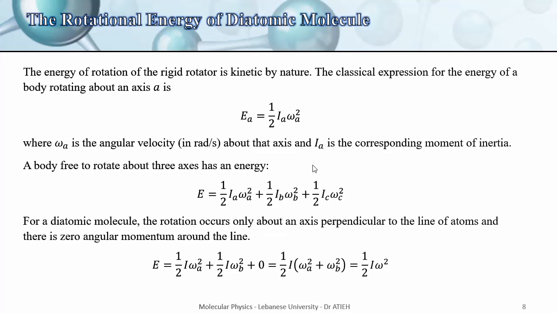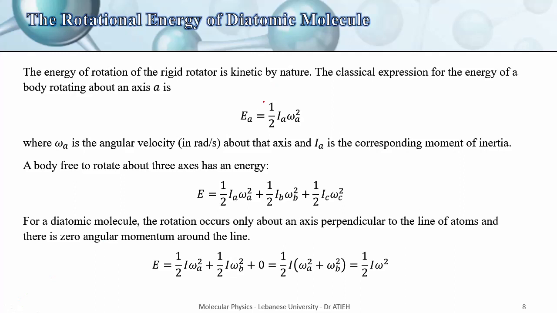Now let's calculate the rotational energy of a diatomic molecule classically. We all know that this rotational energy is kinetic. It's not potential, it's purely kinetic. So the formula is easy, we all know it. The kinetic energy of rotation around a certain axis of rotation, let's call it A, is equal to half I omega squared.